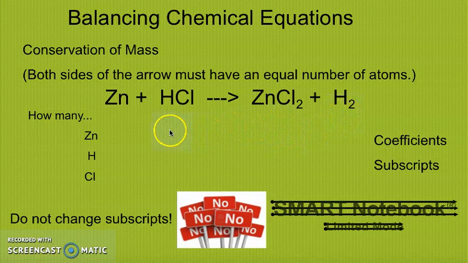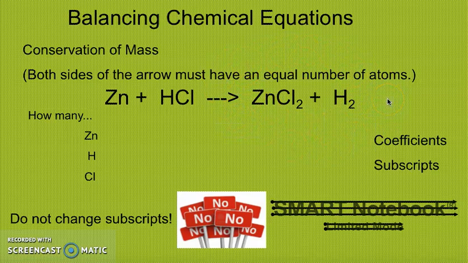So what you have to have is a conservation of mass. Atoms don't just form out of thin air, and you don't just lose atoms out of thin air. All of the things that are present on the left side of the arrow, you must account for on the right side of the arrow.